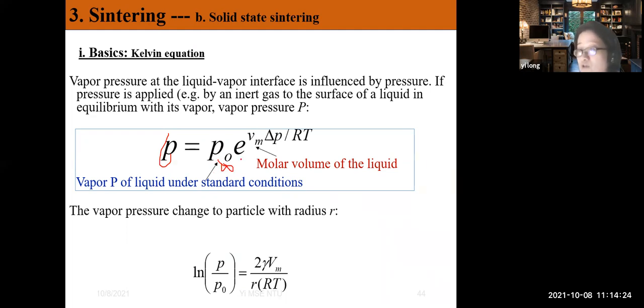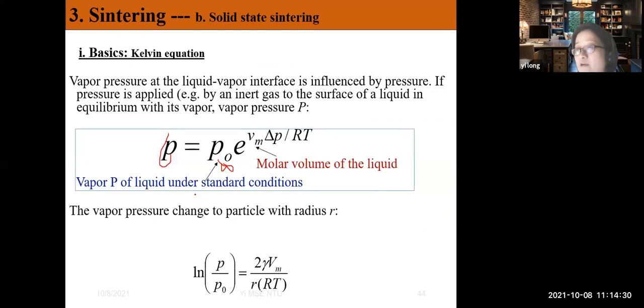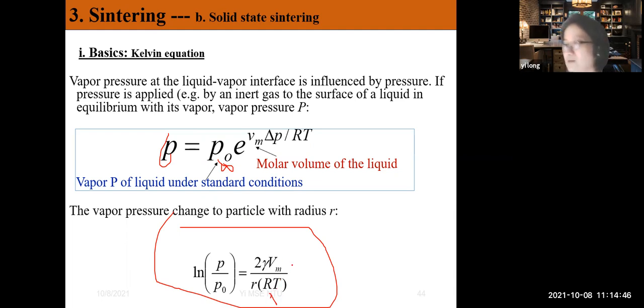If I put the exponential on both sides, there's just a lot of variation, no worry. You also have delta P over RT if you combine with the Young-Laplace equation. And there's another one, P over P_0 equals 2 gamma V_m over RT, where the Boltzmann constant is changed to the gas constant. I'll just ignore the math because I'm not going to test you.